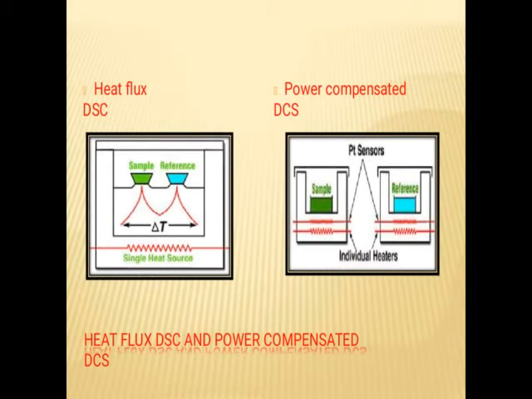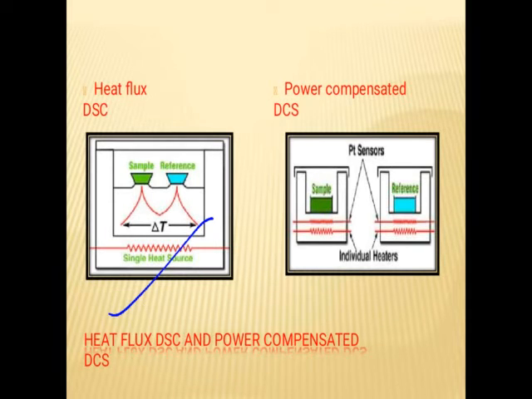Here you can see the difference between the heat flux DSC and the power compensated differential scanning calorimeter. In the heat flux DSC there is only a single heater. This single heater is responsible for heating the sample as well as the reference, so the heat flows through it and enters the sample and reference through the thermocouple.